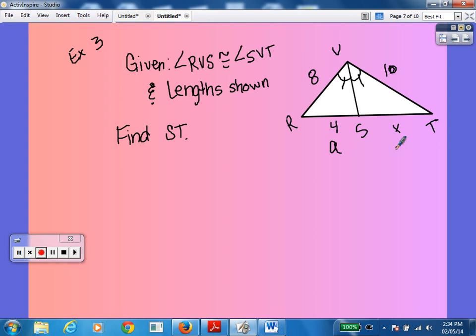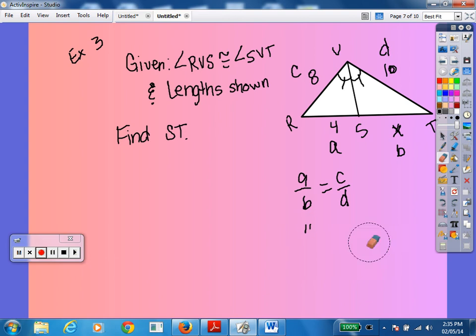We labeled this A and B, and we labeled this C and D, and we're asked to find ST. So remember, it's A over B equals C over D. So 4 over 8, by the way, it reduces down to 1 over 2, equals C, which is, oops, I made a mistake. Going back, you see what I did, don't you?